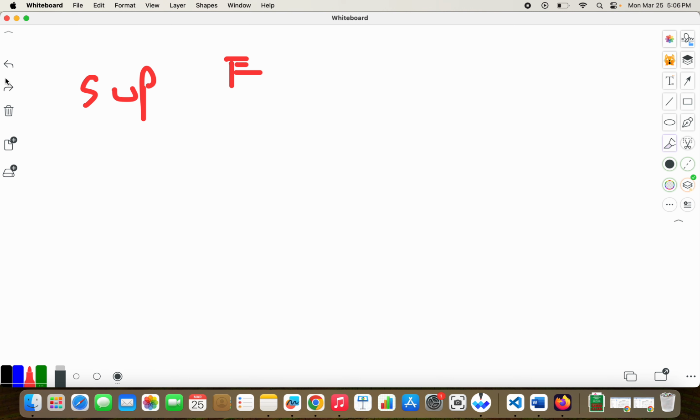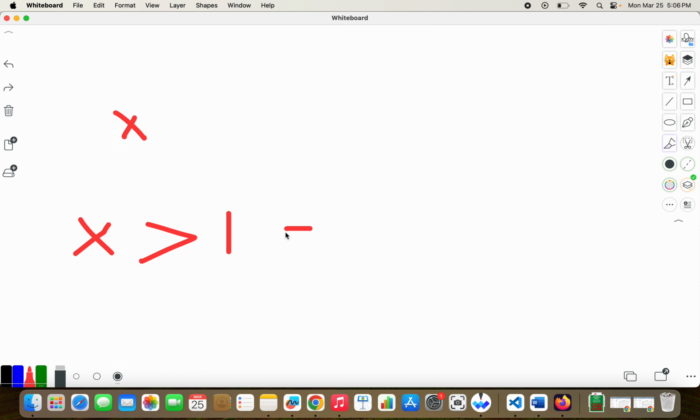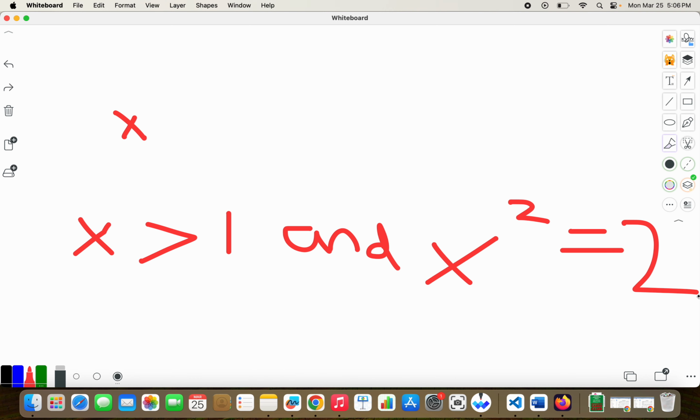It doesn't exist. By contradiction, so assume it exists in Q, call it x. Now by the previous statement, x is greater than 1 and x squared equals 2.